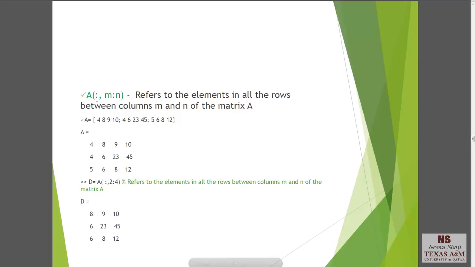A of colon, m colon n refers to the elements in all the rows between columns m and n of matrix A. So D equal A of colon, 2 colon 4 refers to the elements in all the rows between columns 2 and 4.